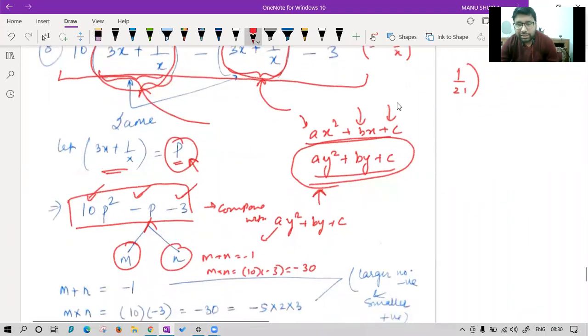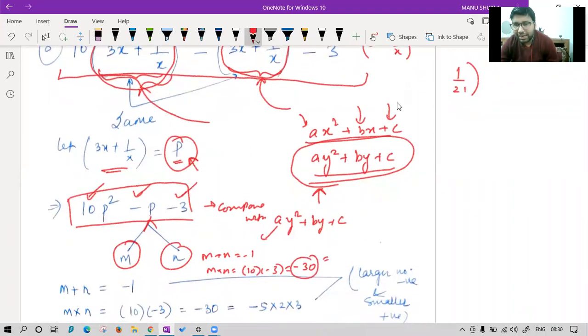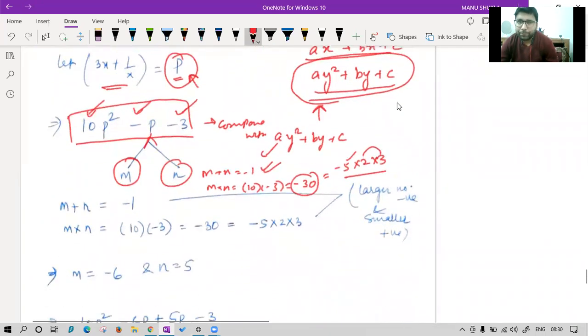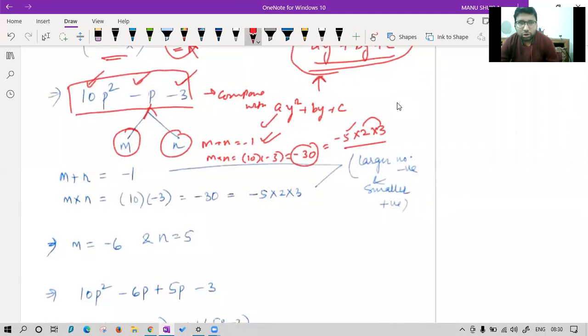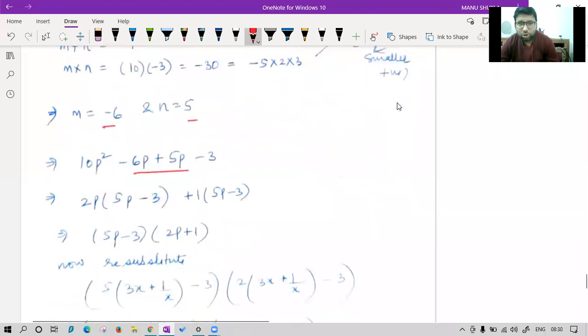As soon as I get -30, I will prime factorize it: -5 into 2 into 3. We require -1, which is possible only when we have -6 and +5. Yes, class? So we have got -6 and +5 as the values of m and n, and just putting them in, I got the answer.